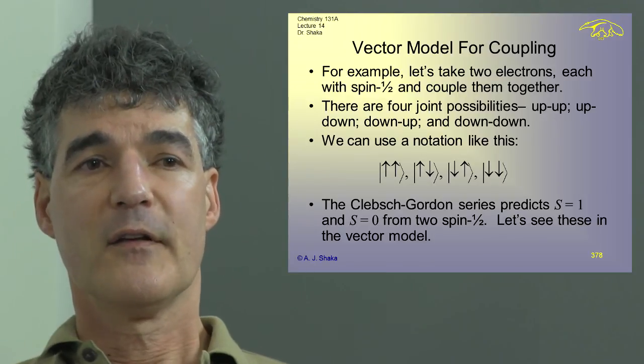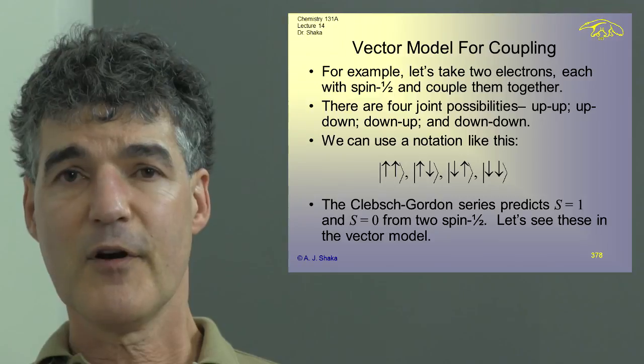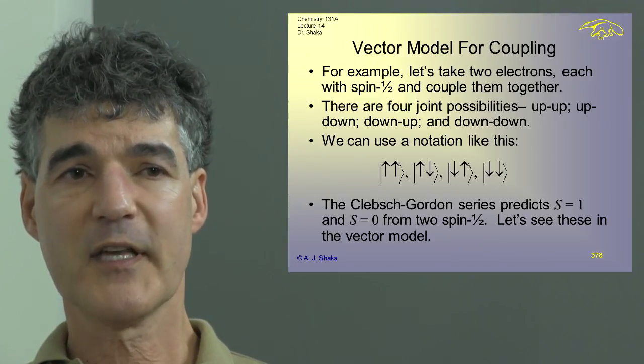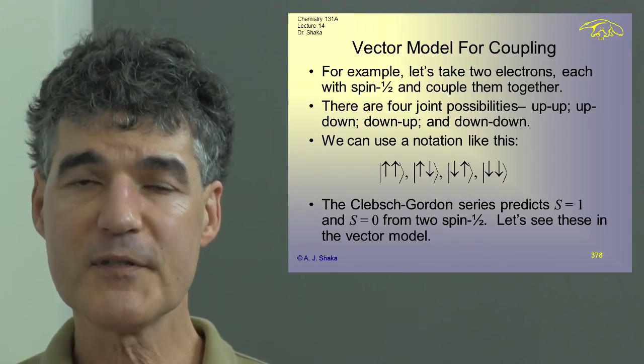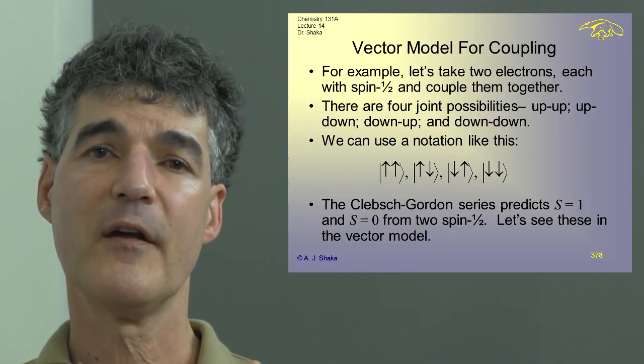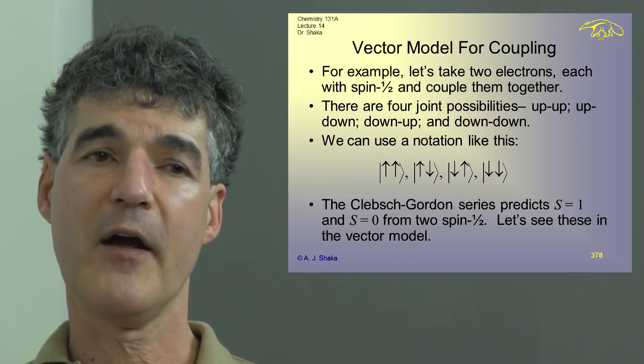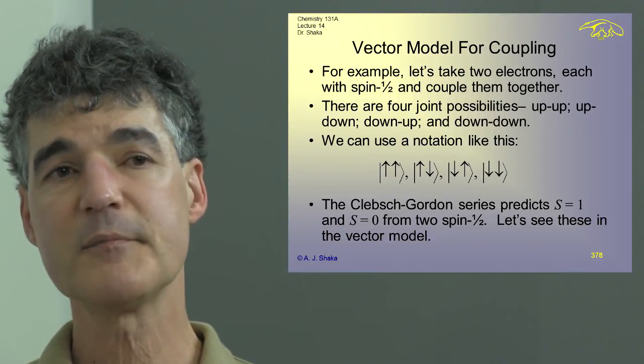So I've quoted that in a notation, which you may see in a more advanced course, and these are called kets, but for our purposes, we don't need to know what they're called. They just have the arrows in them. They're either up up, up down, down up, or down down. Those are the 4 possibilities.